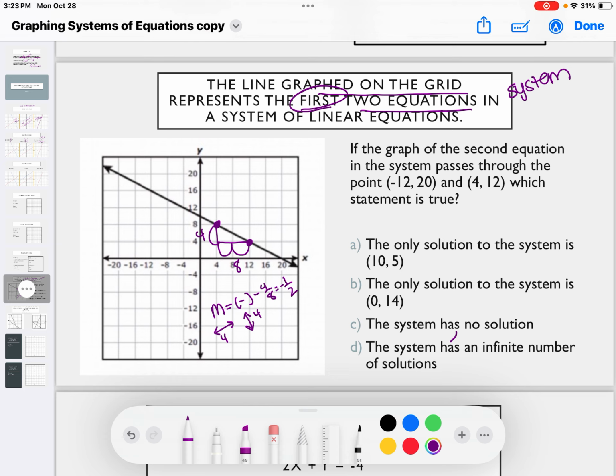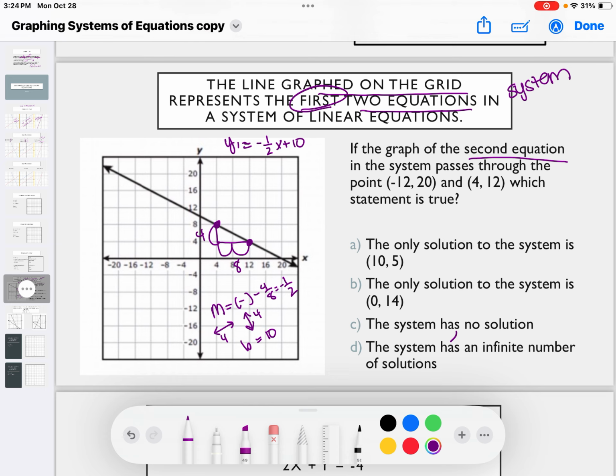And the y-intercept looks to be 10. We can't say that's for sure the halfway point, but we're just going to use that for right now. So for the first equation, I'm going to put this as y1 equals negative 1/2 x plus 10. So this will represent my first equation.